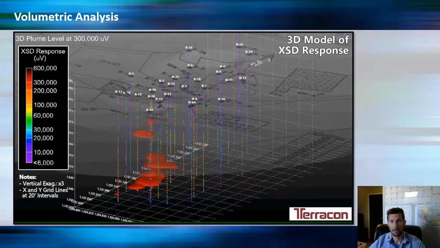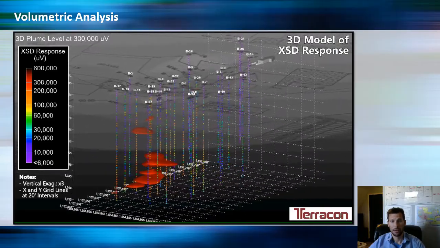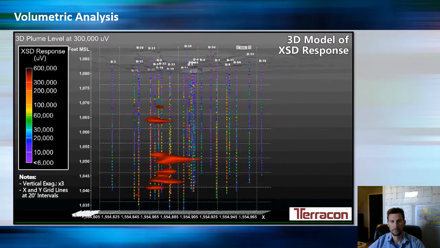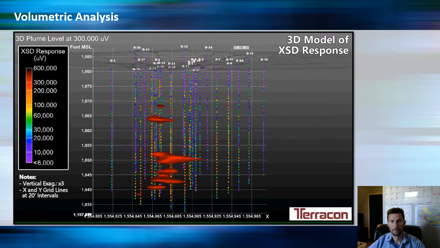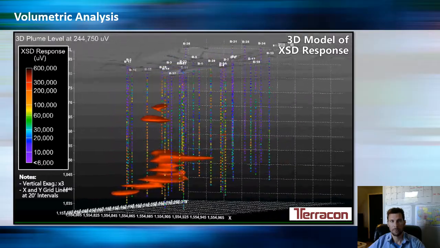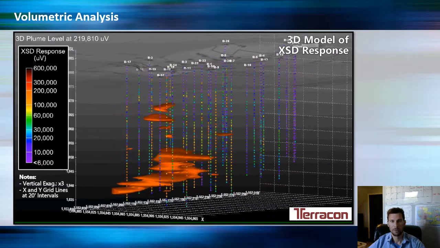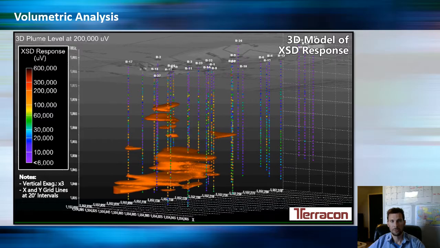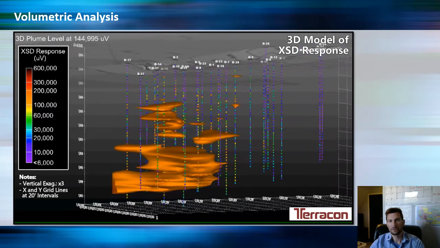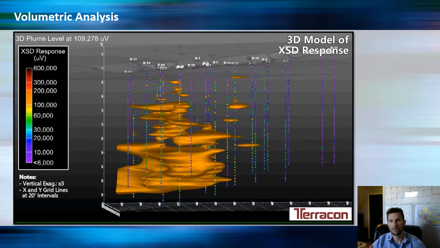And we'll play this, and we can see all the data points there in 3D, and we'll just start connecting the dots at different levels. Down at 250,000 microvolts right now. Going down to 200 and stop there, and then we'll start back up again. You can almost see how the contamination spreads in the subsurface.